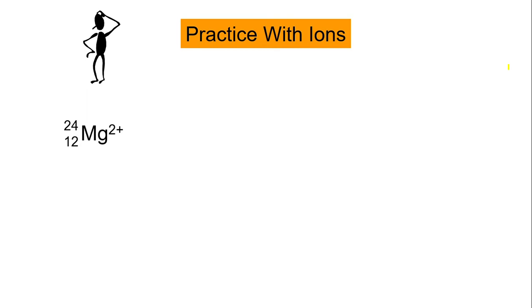Here is an ion of magnesium. And notice the notation as far as the isotope is concerned. There's the atomic number on the bottom left, and there's the mass number on the top left, and then the symbol of the element, Mg. And again, don't forget, whenever you write symbols of elements that have two letters, the first letter is uppercase and the second letter is lowercase.